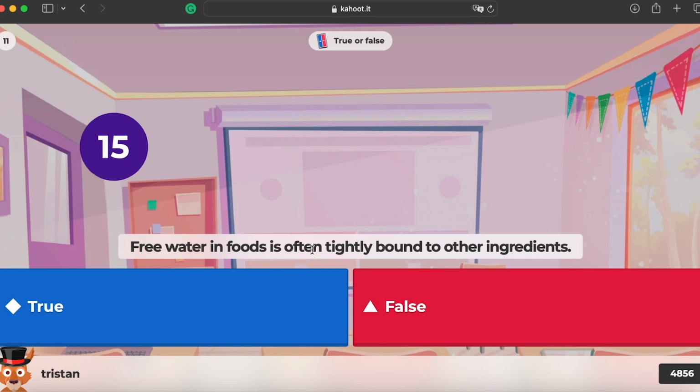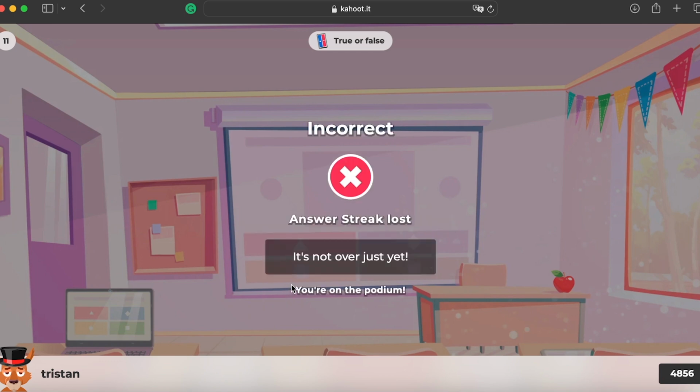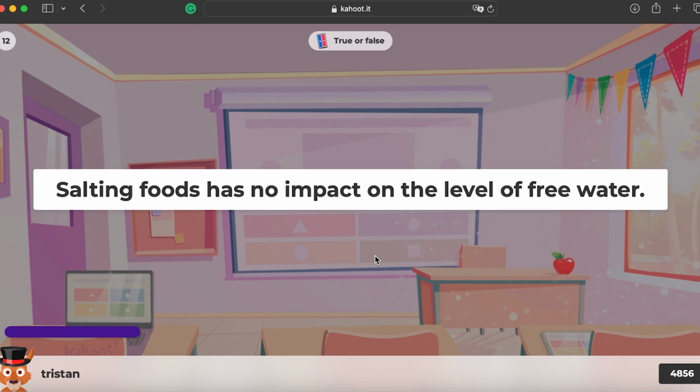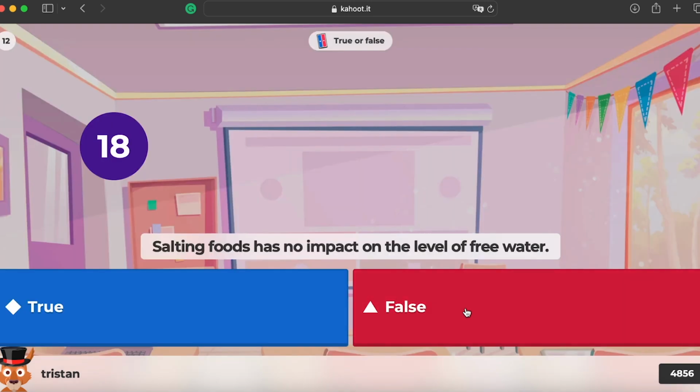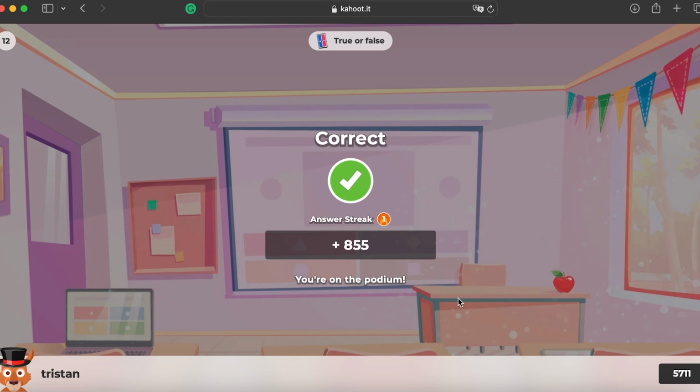Wow, is often tightly. I think it's true. Often. No. So water is just water. Salting food has no impact on the level of free water. No. It's wrong. Yes.